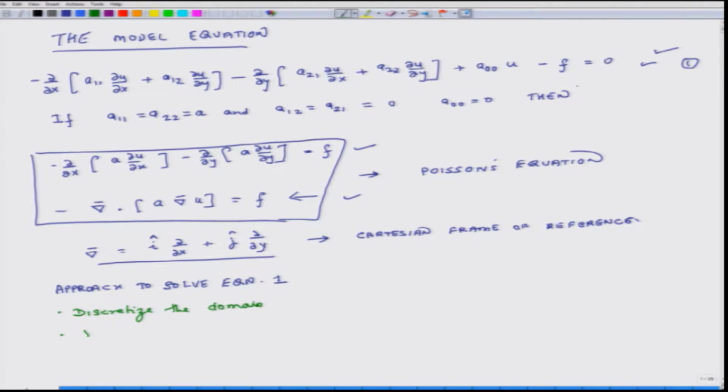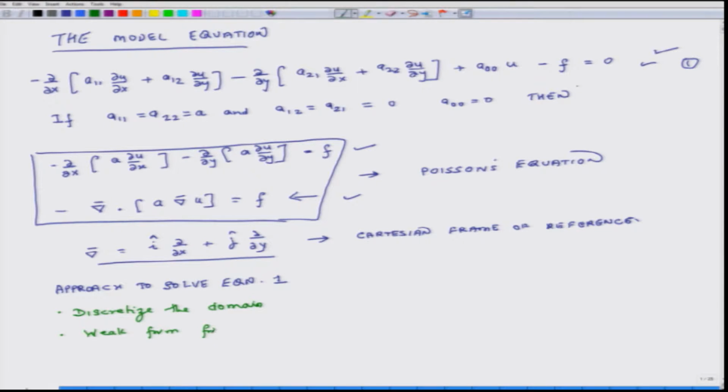Then we have to develop a weak form of this equation which is applicable to an element of the system, not to the whole thing, because that is where finite element comes in.